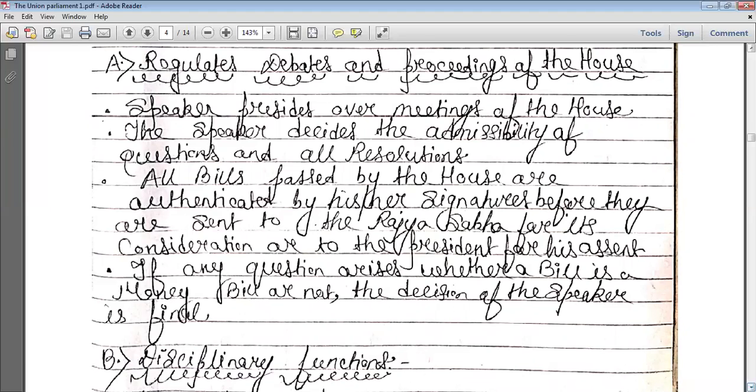Then it is moved to the Rajya Sabha. After it is approved by the Rajya Sabha, the Speaker of the Lok Sabha passes the bill to the President for his signature. If any question arises whether a bill is a money bill or not, the decision of the speaker is final. So ultimately, the speaker is the head of the Lok Sabha who decides whether a bill is a money bill or not.